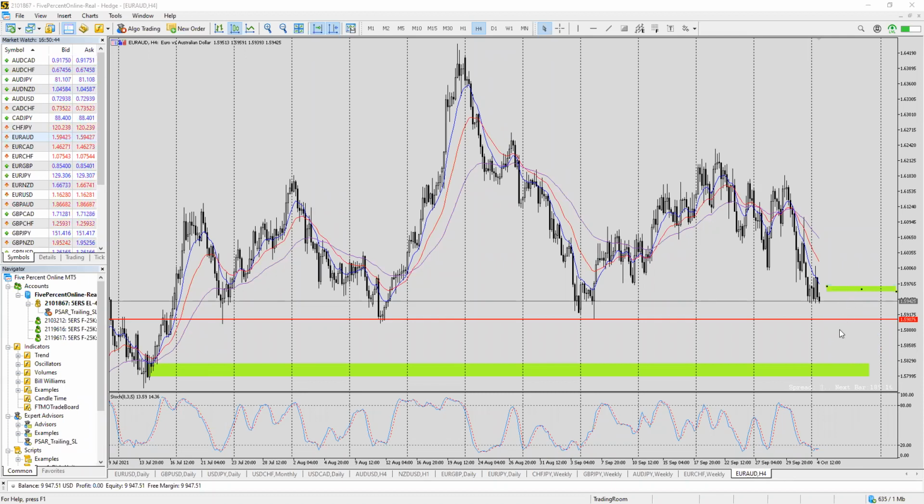But those of you who don't have the patience to wait for a confirmation and a retest, then you can start with a smaller position and a stop loss above the recent highs before the breakout. So I hope, Nikhil, I answered your question about Euro Aussie.